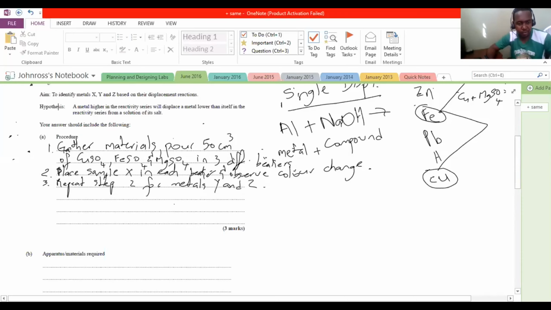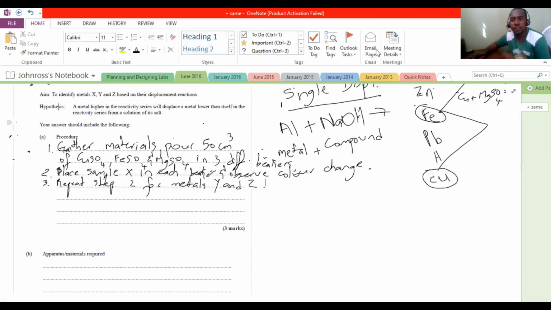You just say repeat it for these metals. Notice that this is just for one of the reagents. All right, great, Isaiah. So we say repeat step 2 for metals X and Y.